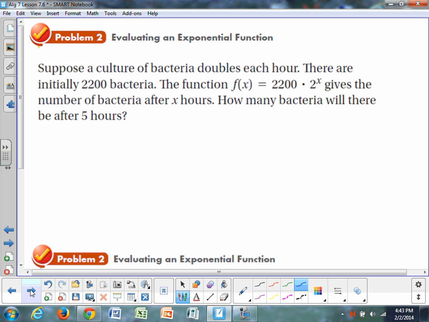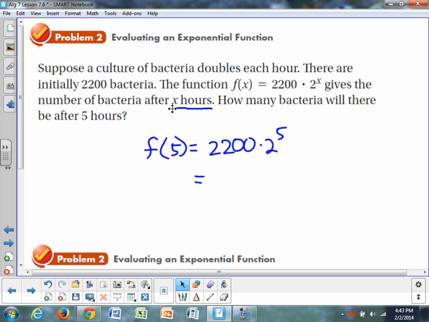So x is the number of hours. You see that here. So we're just going to find f of 5, and that's 2,200 times 2 to the 5th, and we can use our calculator to do that.